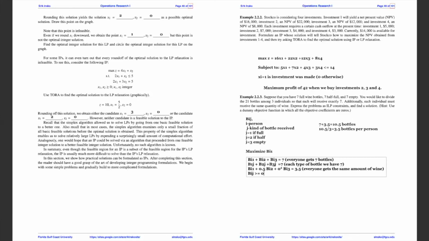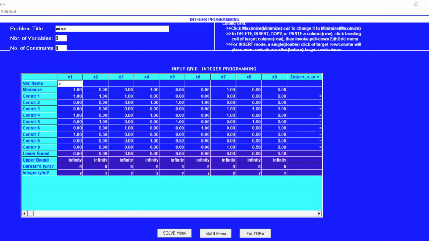That would give us a total of 9 constraints, and we also have 9 variables, for each i and j. So I'm plugging it in into Torah. Again, 9 variables and 9 constraints.